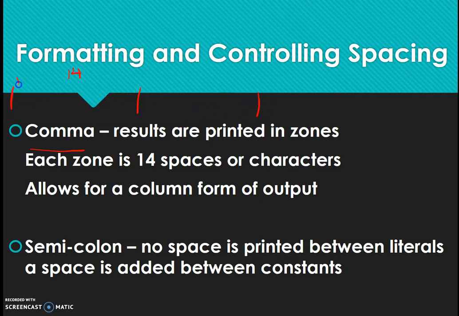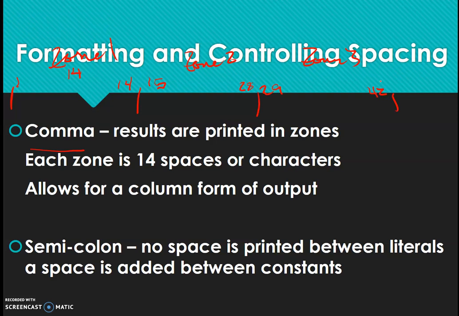So we have column 1 through column 14 in zone 1, column 15 to column 28 is zone 2, and zone 3 is 29 to 42. And we won't see much beyond that, really.